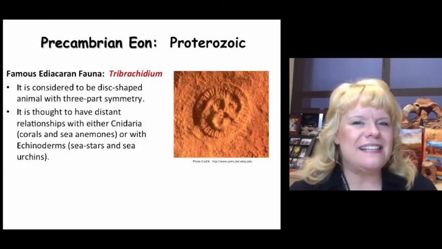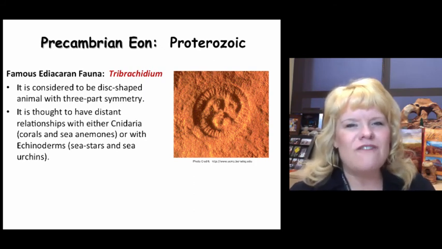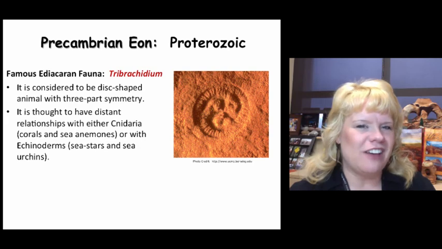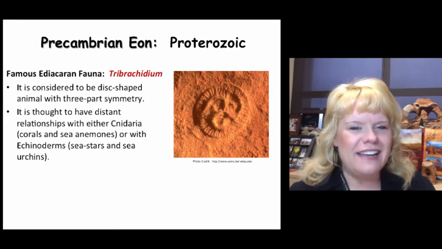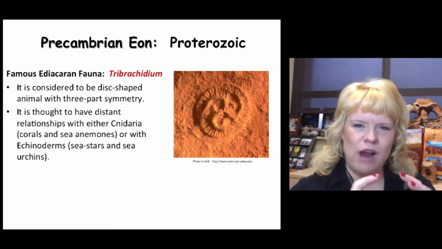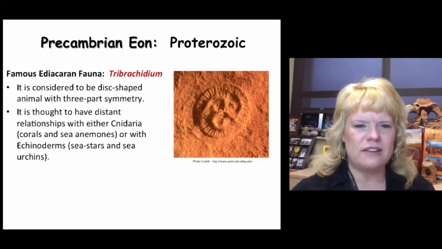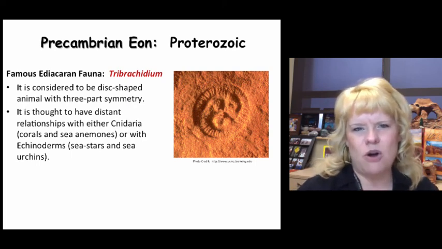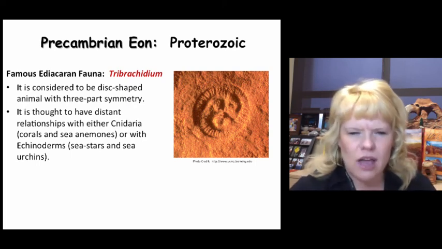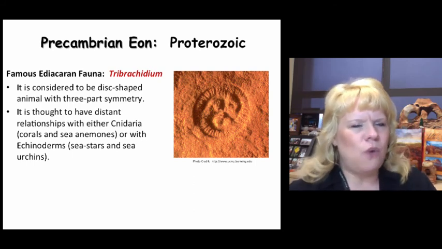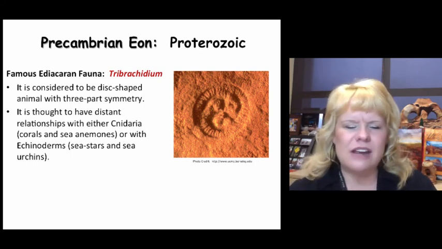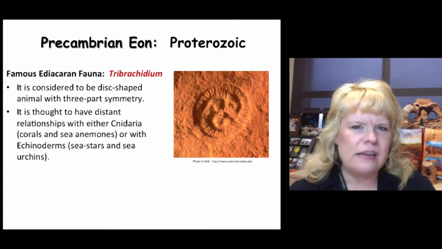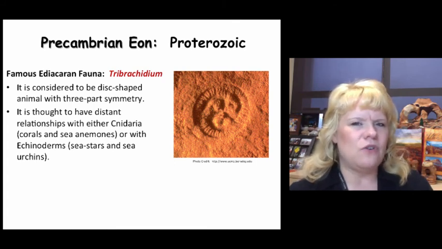Tribachidium is another famous fossil that's found from Ediacaran fauna. It's kind of a funny looking animal. It's a disc, kind of a round shape animal that distinctively has a 3-part symmetry pattern in the middle of it. There's a question mark. Is it related to a cnidarian, like a coral or a sea anemone, or is it related to an echinoderm?